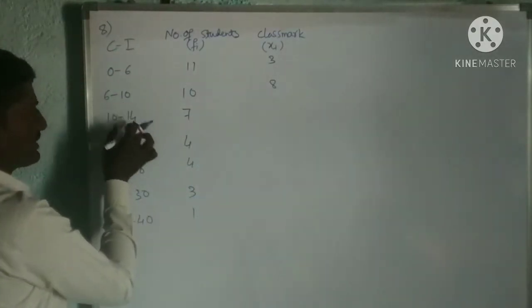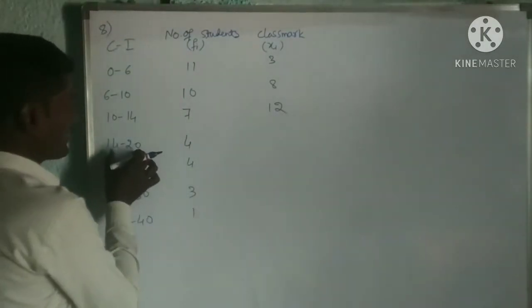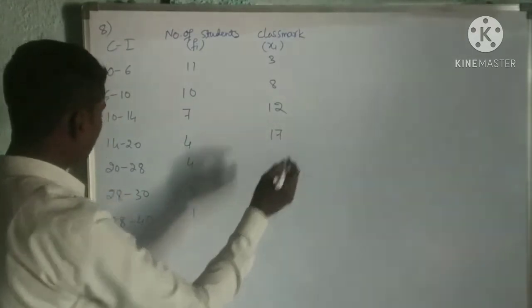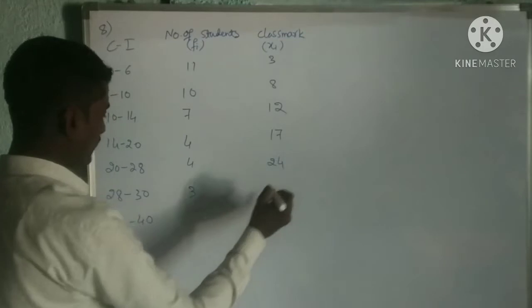Here the difference is 4, again I can add 2. It will become 12. Then here the difference is 6, so I have to add 3. It will become 17. The difference is 8, so we have to add 4, that gives 24.